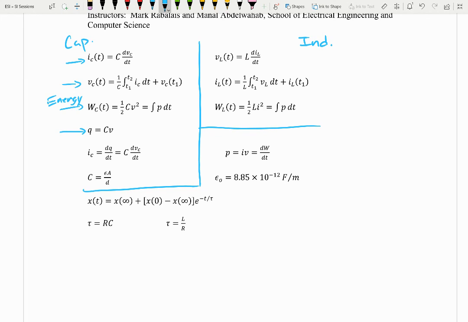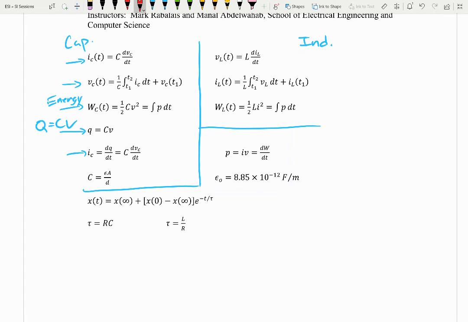This is our Q is equal to CV equation. Same equation, just lowercase. There's another current equation. This is just from what we had at the beginning of the semester. The difference in charge over the difference in time is what current is. But we can also extend that to say that the capacitance times the change in voltage with respect to time is also equal to the current.